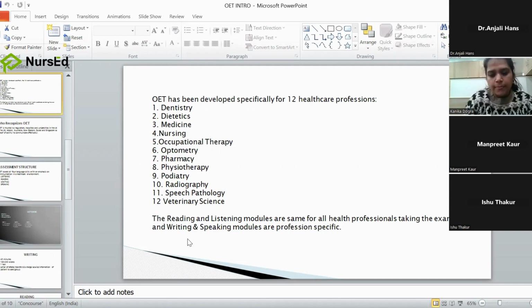Okay, so your fees for OET, which has been disclosed to you, and you have the timing, so that by Monday you can take your regular classes. And as ma'am has already discussed with you, there will be two durations for the classes.